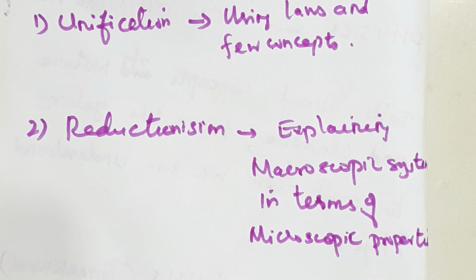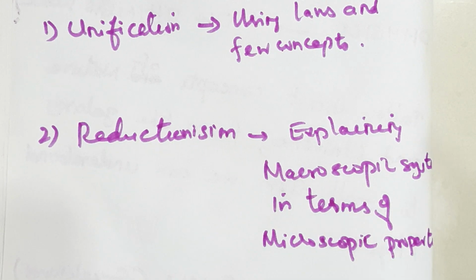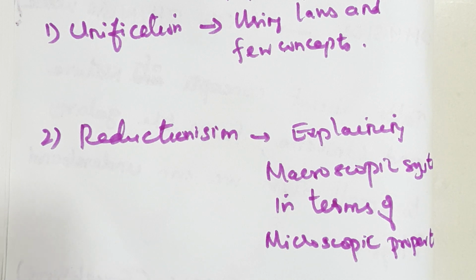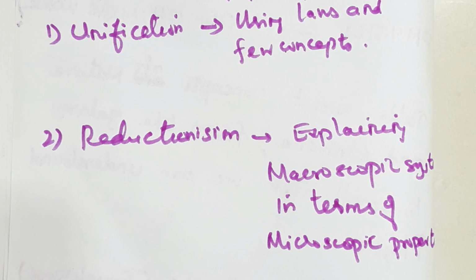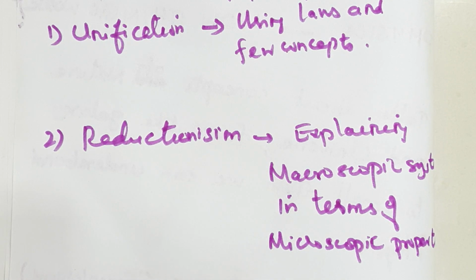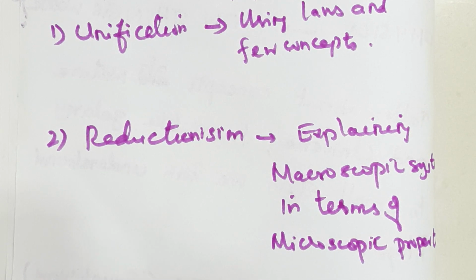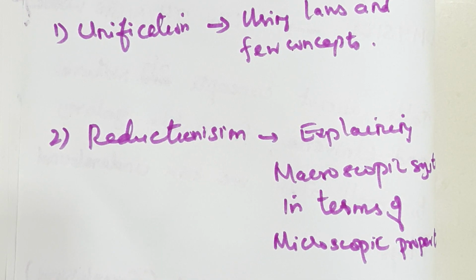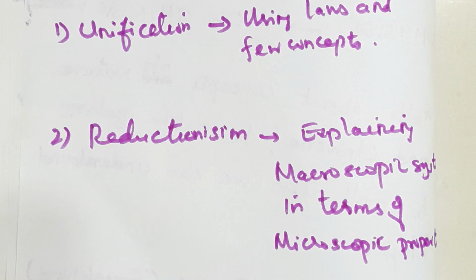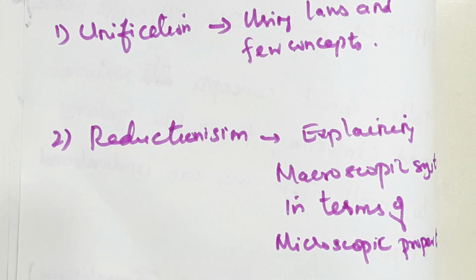Microscopic systems deal with very small objects we can't see with our eye, like atoms, molecules, etc. So reductionism explains the macroscopic system in terms of microscopic constituents.